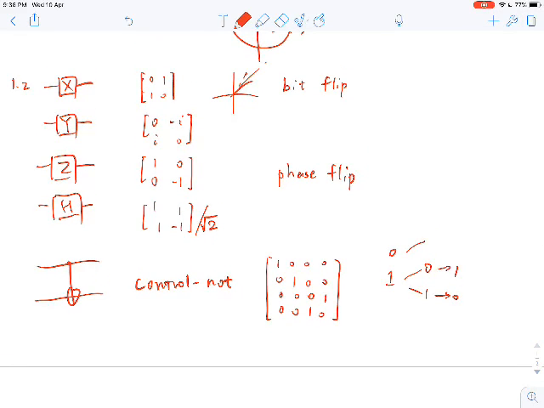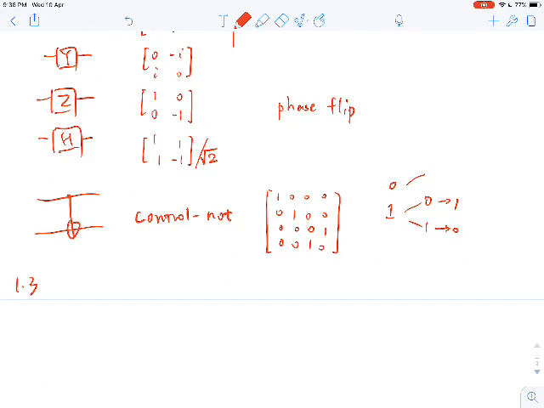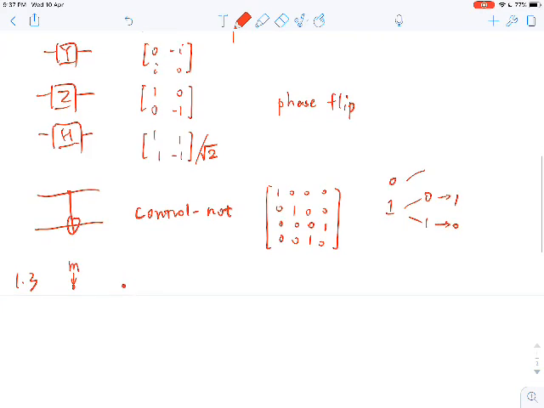And now let's go into the 1.3. It's entanglement. Quantum entanglement is one of the most mysterious parts in quantum mechanics. It's like if we have 2 qubits entangled, if we measure one of the qubits, then the state of the other qubit will be determined, will be changed.